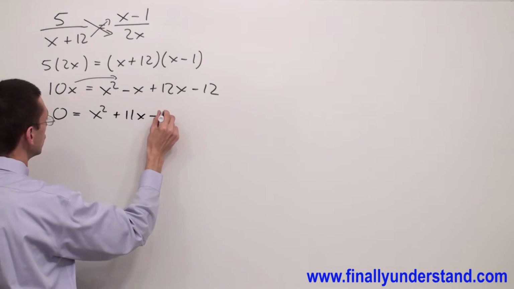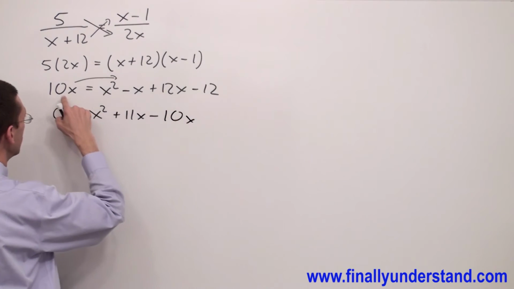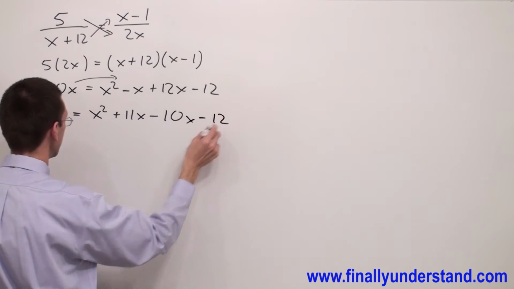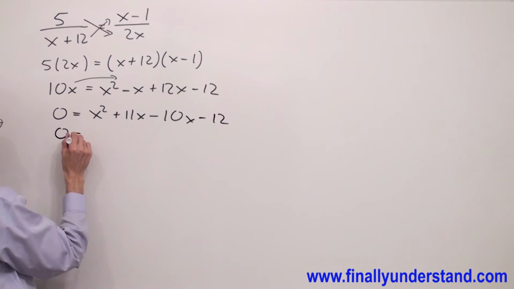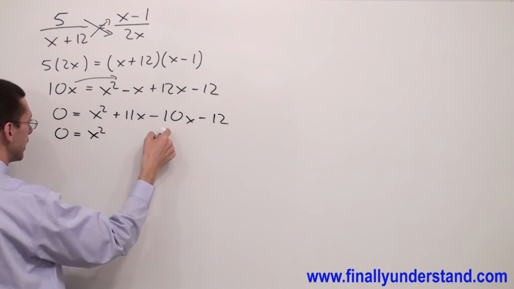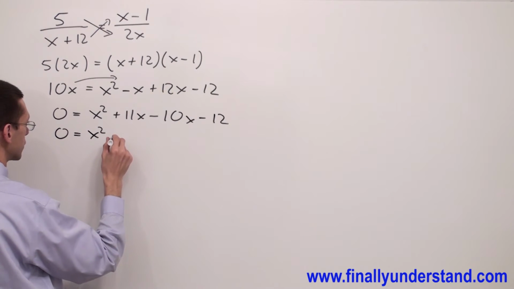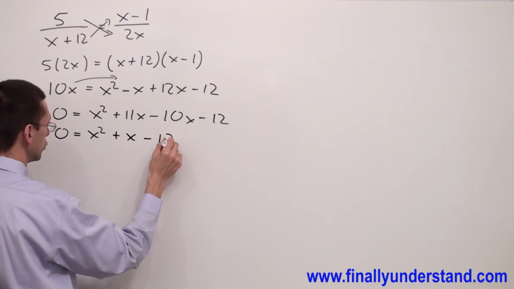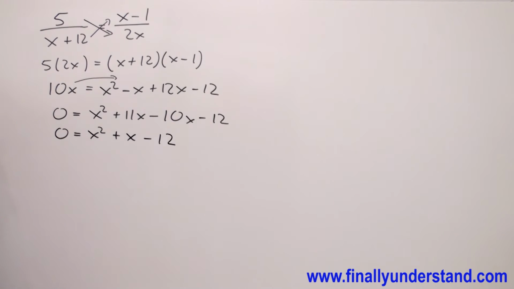I'm going to have minus 10x because I move 10x from the left side, minus 12. I have 0 equals x squared, 11x minus 10x gives me x, minus 12.